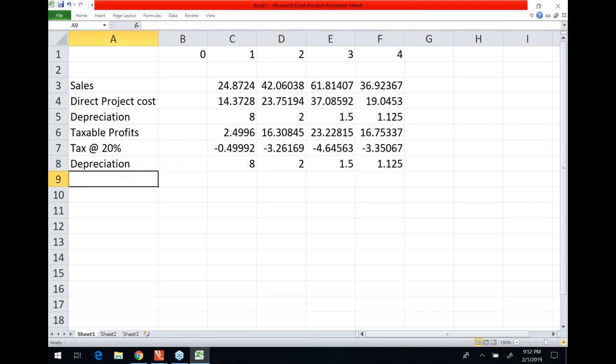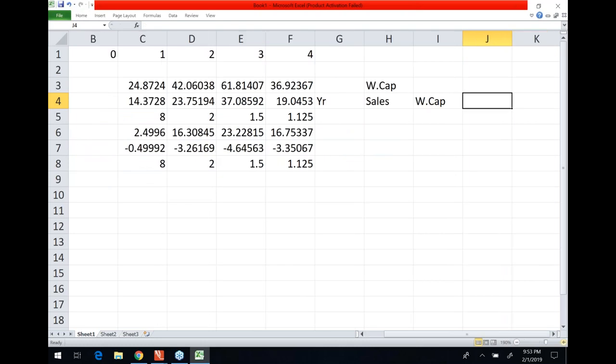Then we have got the working capital. Now, what has the examiner told us? The examiner has told us that the working capital requirement is going to be 20% of the anticipated sales. I'm going to tell you how we go about the working capital requirement. This is the time period, this is the sales, this is the working capital, and this is the incremental effect on the working capital.